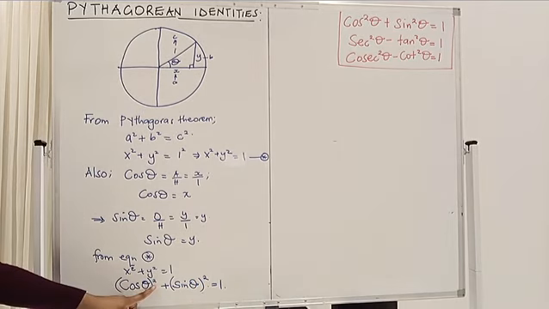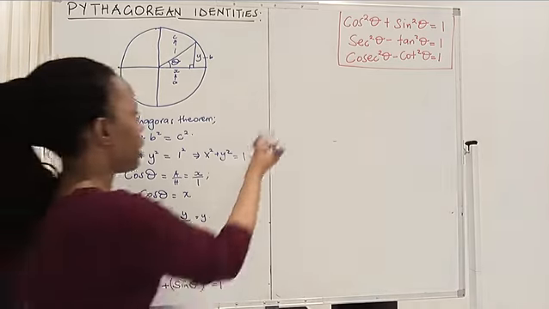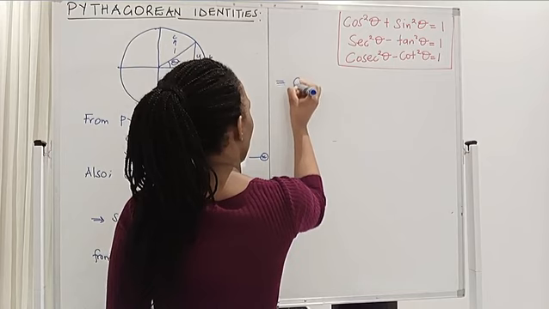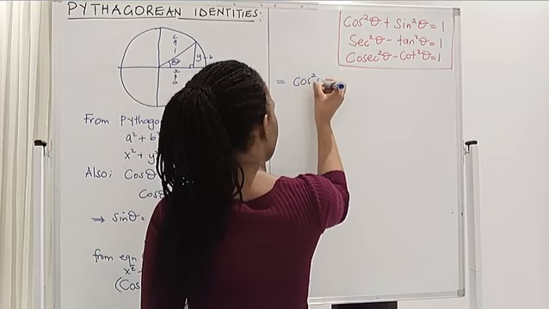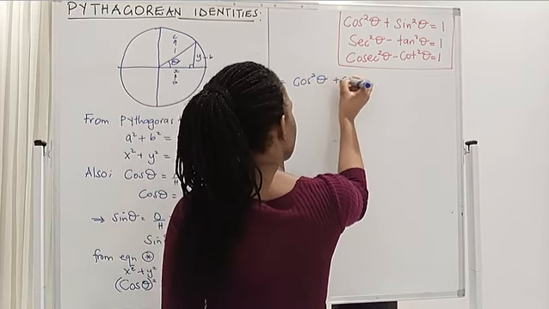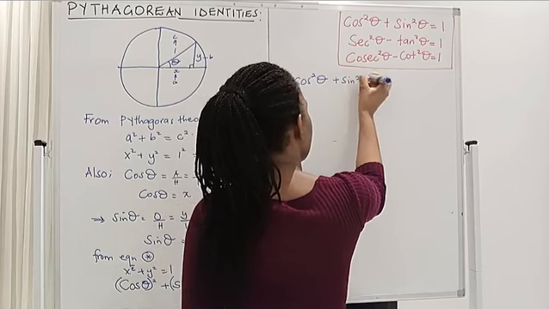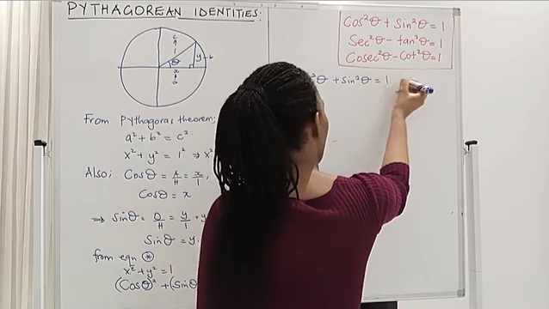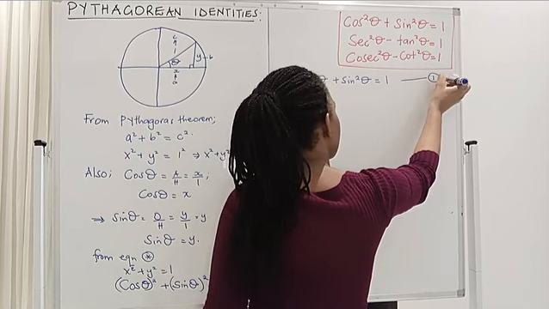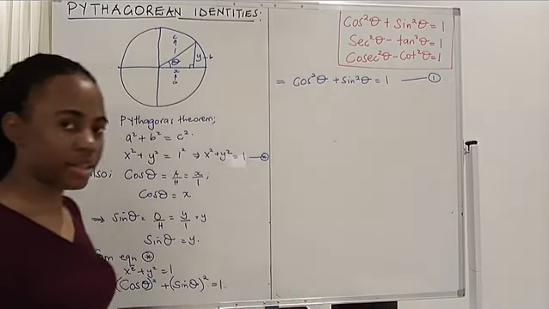But we shall not put this square on theta, we are going to put it on cos. So we shall say this is equal to cos squared theta plus sine squared theta is equal to 1. So that is our first Pythagorean identity.